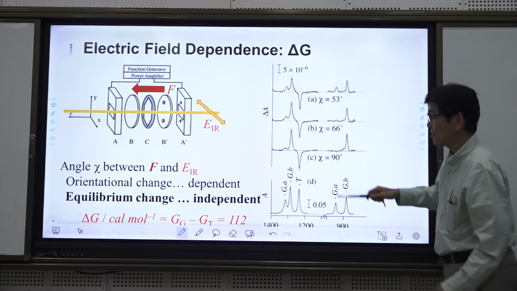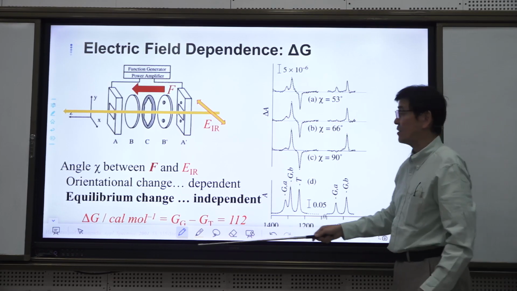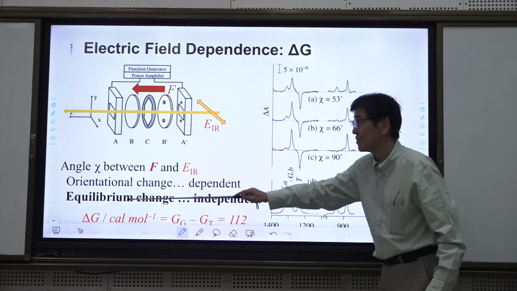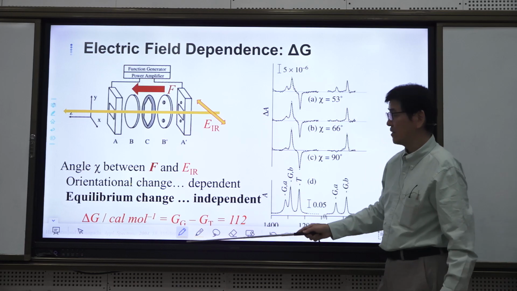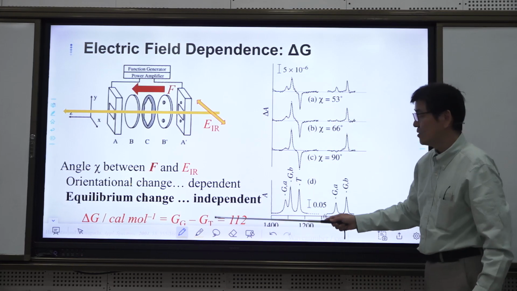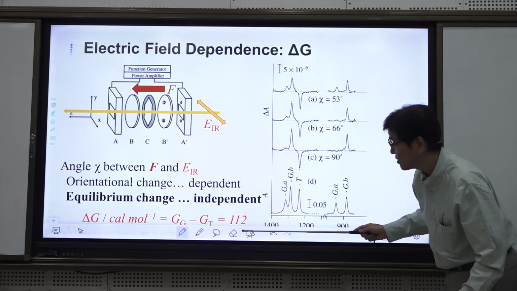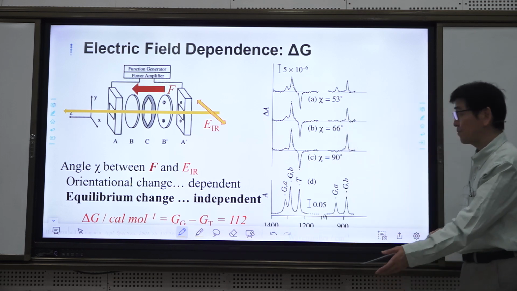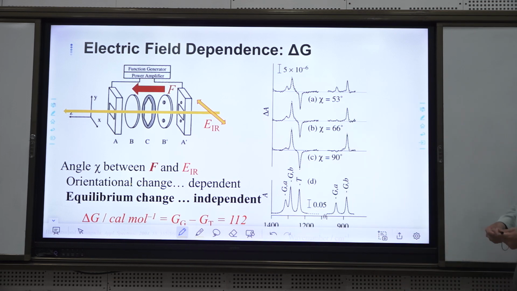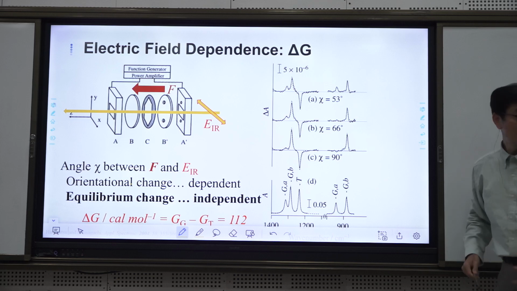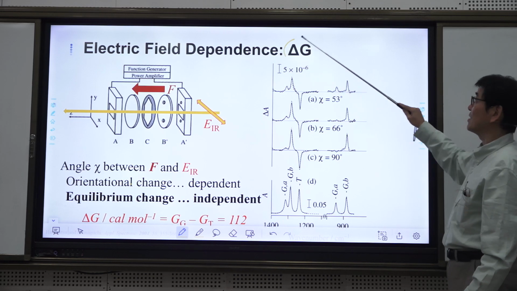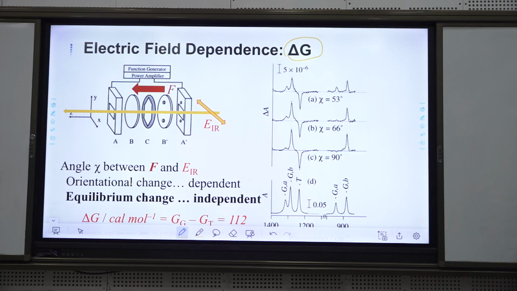And from this result, I succeeded in separating the orientational change and equilibrium change, and derived the delta G value to be 111 kilocalorie per mole. This was the first example to affect and determine delta G directly. This was not attainable with other methods. Applying electric field, we can get unique information.